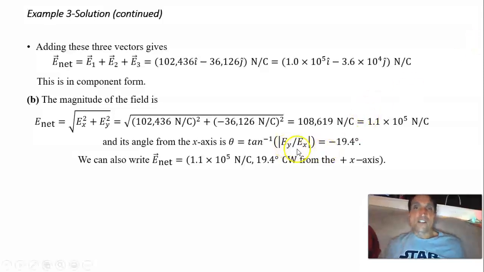We can use the tangent formula, which is Ey over Ex, to get the angle, and we get that it's negative 19.4 degrees with respect to the x-axis, and that means it's clockwise from the x-axis. Remember, negative angles mean we start in the x direction and we go clockwise, whereas positive angles mean we start along the x-axis and we go counterclockwise.